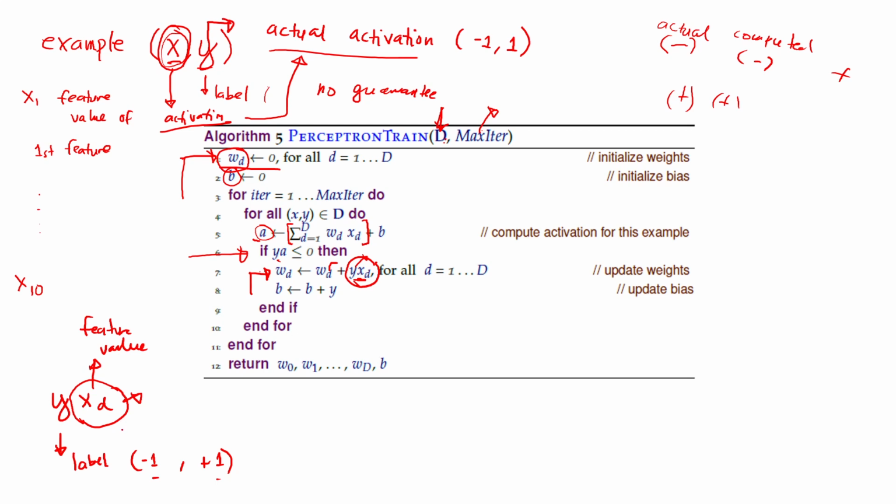To know whether this feature value influences the decision towards the negative or positive is determined by the label.